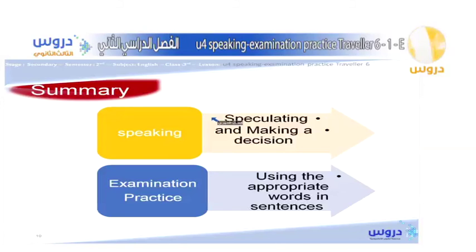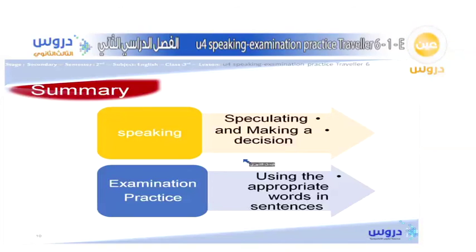Okay, we reached the summary of the lesson. If you can remember, we started with speculating, guessing, and making decisions. We took a situation where you decide to be in a health spa or resort, and you need to make your decision about the two things you're supposed to do together.